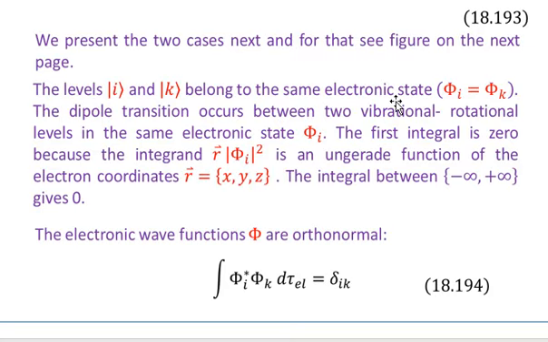In the figure that I have shown, the upper curve represents the ith state and the lower curve represents the kth state. But we are considering the same electronic state, so the ith level and the kth level now belong to the same electronic state. That is, phi_i is equal to phi_k. We use the wave function phi to represent the electronic state.